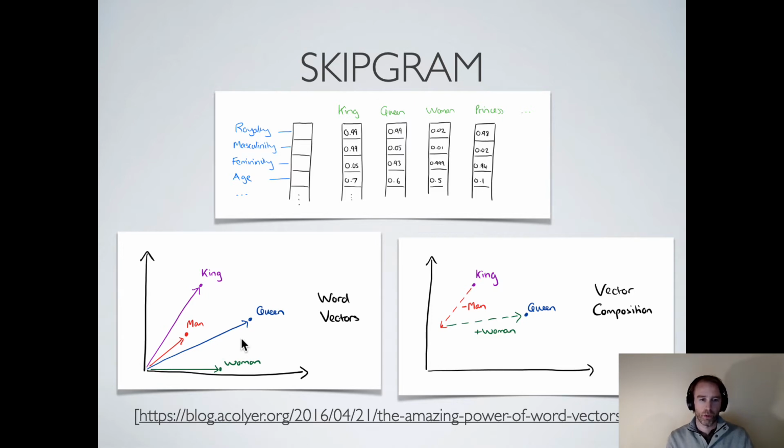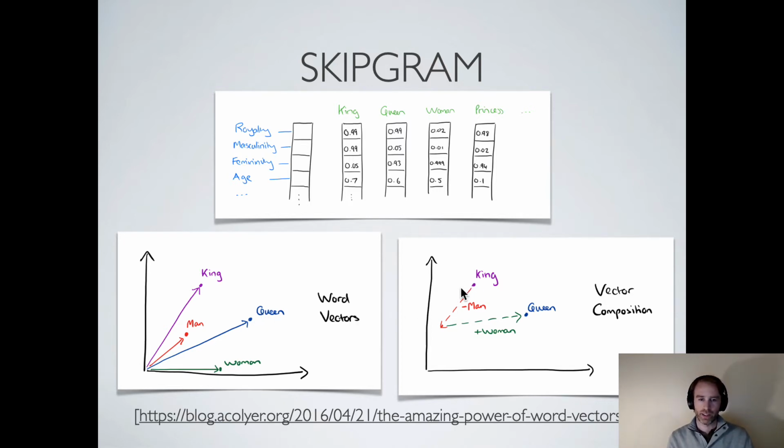The typical example we give: if you take the vector for king, subtract the vector corresponding to the word man, and then add the vector corresponding to the word woman, you will reach the vector corresponding to queen.